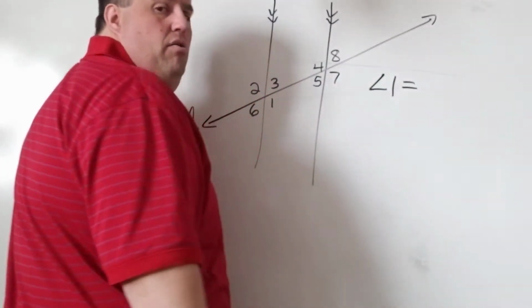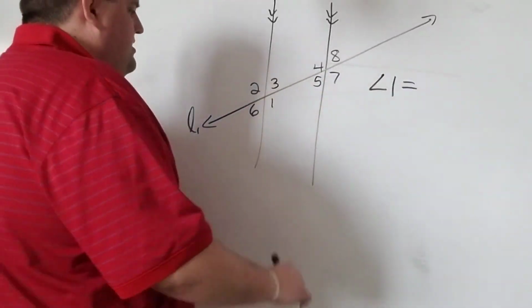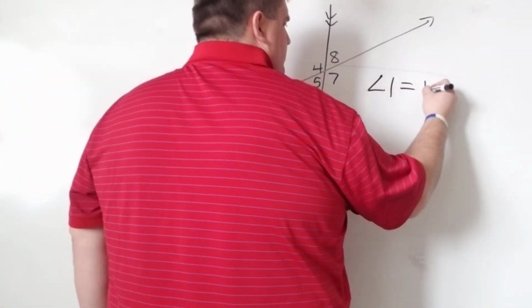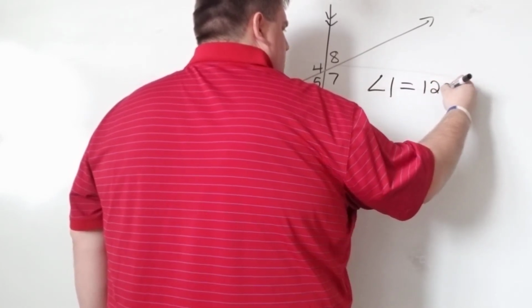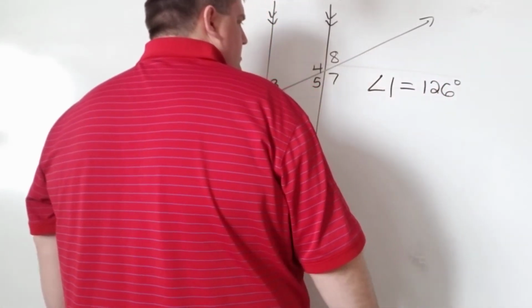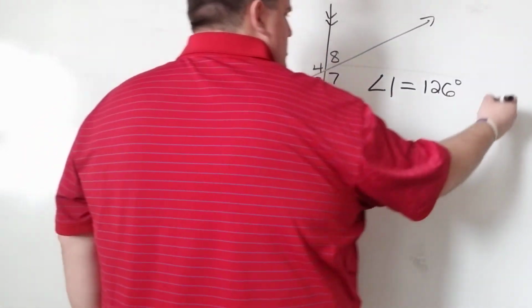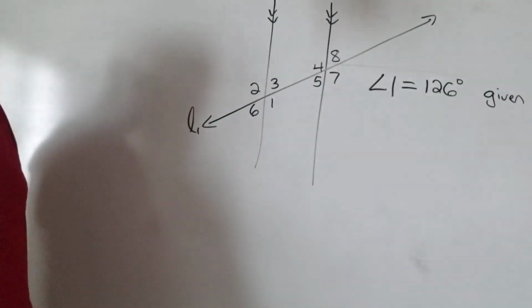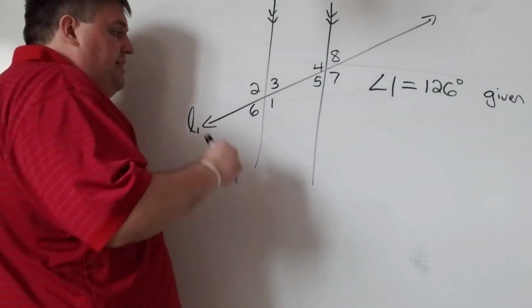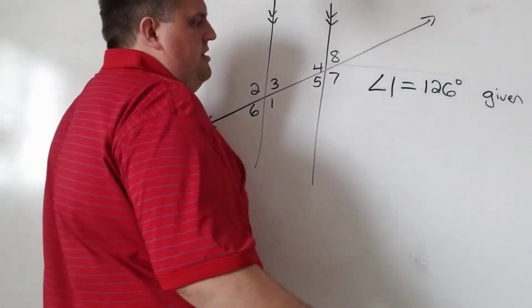And let's say that angle 1 is in fact 126 degrees. So sometimes we write that that's just given to us. They gave us angle 1. And let's find the rest of them, okay?